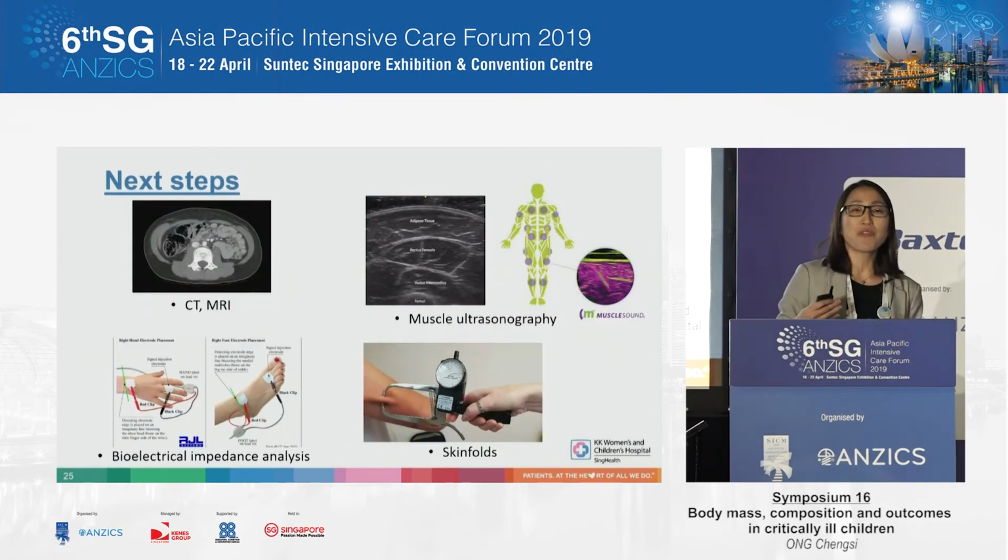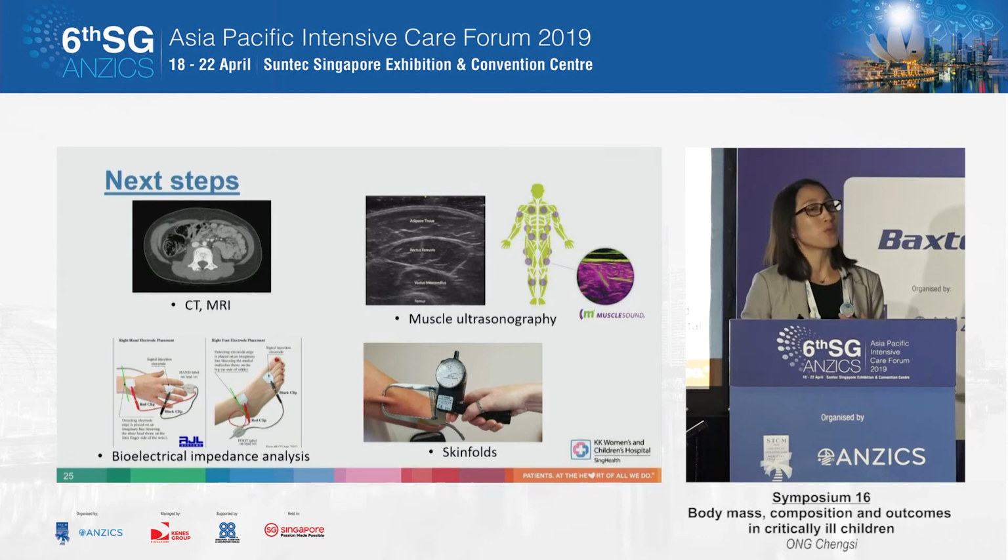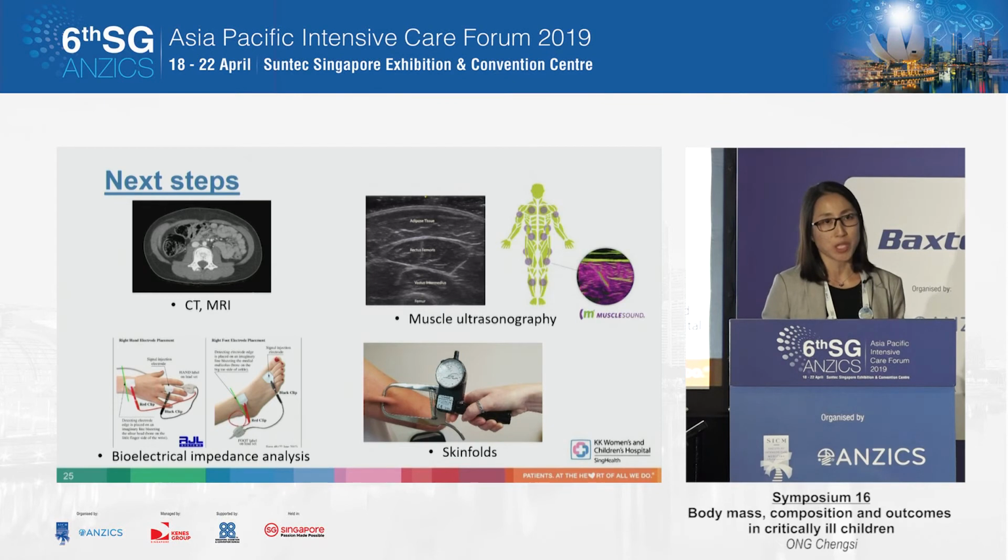I think moving forward, there's a greater role for imaging or assessments of body composition somehow. We know that CT and MRIs are actually not a very good way to look at body composition in children because we don't want to put them under unnecessary radiation, or it requires very specialized equipment, specialized personnel, and takes a long time.